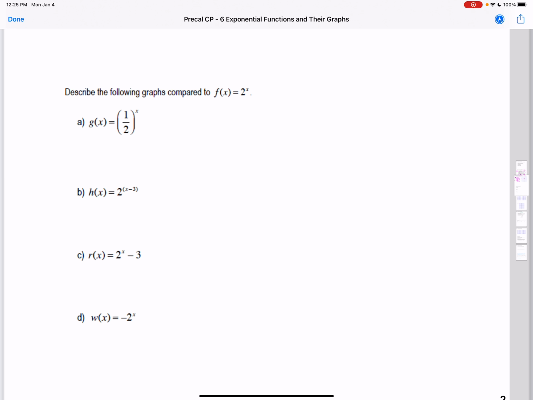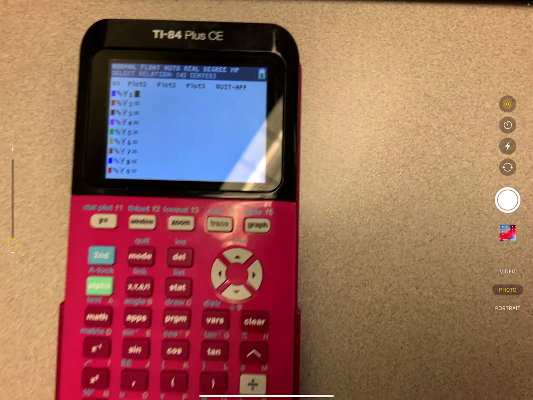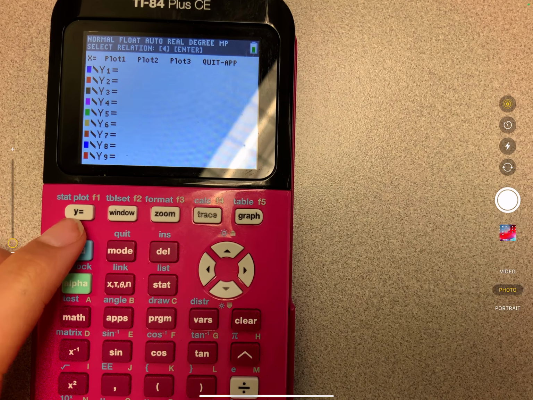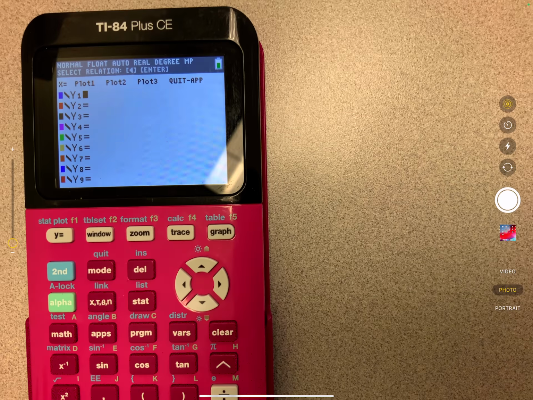And let's see, I will turn my camera on for you so you can see this. All right. So here we have you hit the y equals, and our first one was 1/2, right?